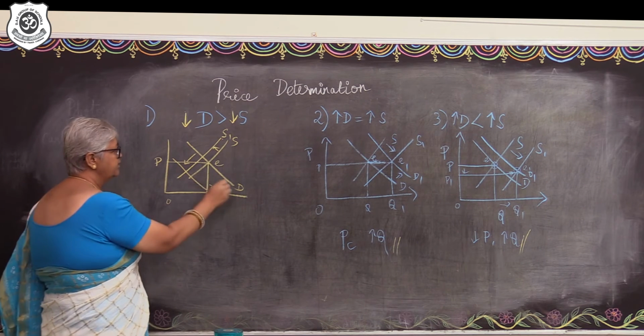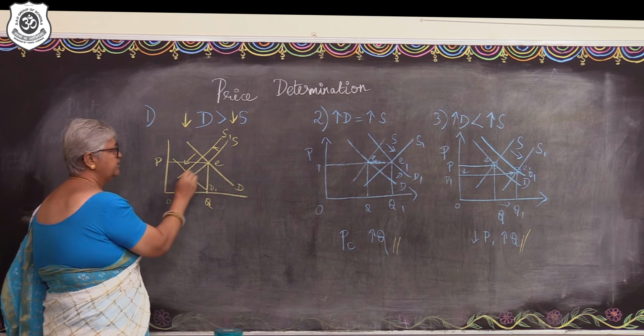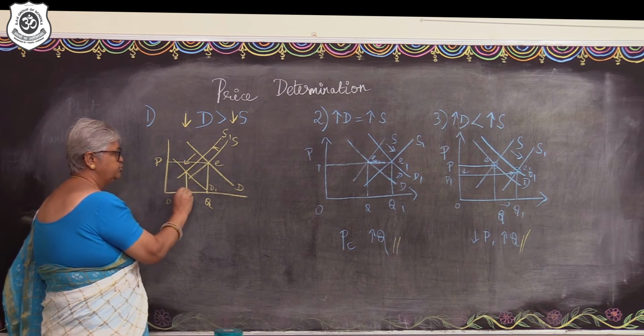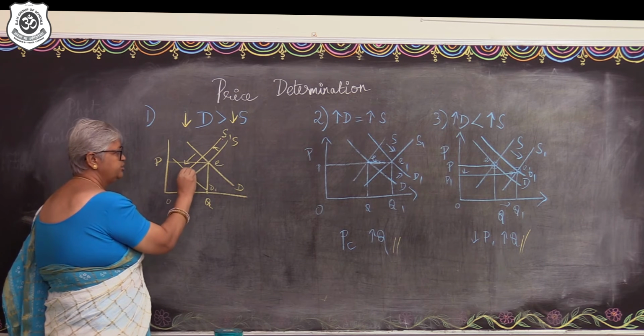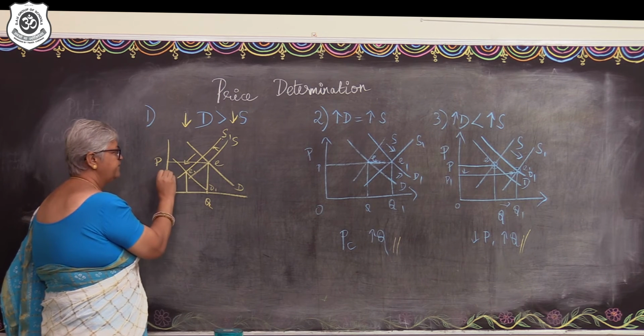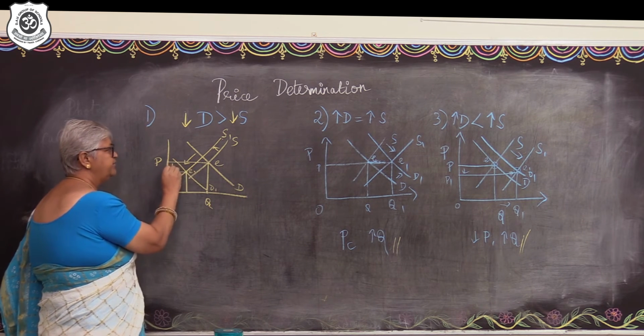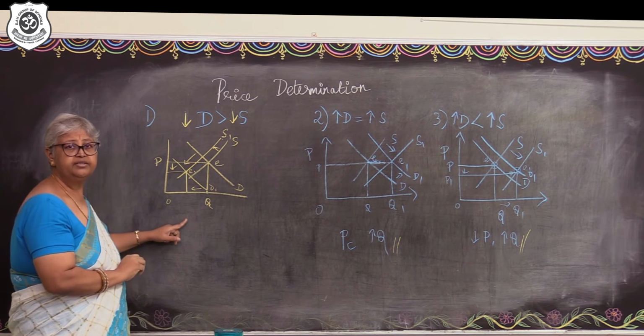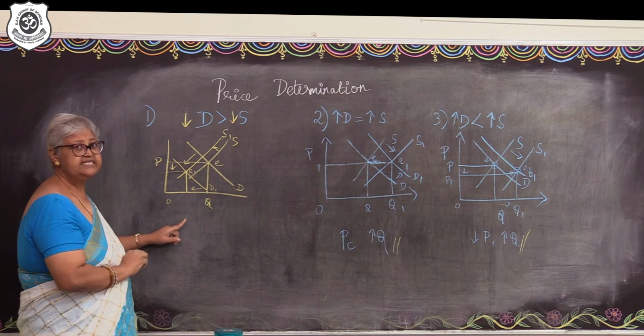Fine. So, the new supply curve and the new demand curve, S1 and D1, they are going to meet to the left of the original equilibrium at E1, and that new equilibrium will be attained at a lower price and at a lower output. Yes? What is the understanding here?